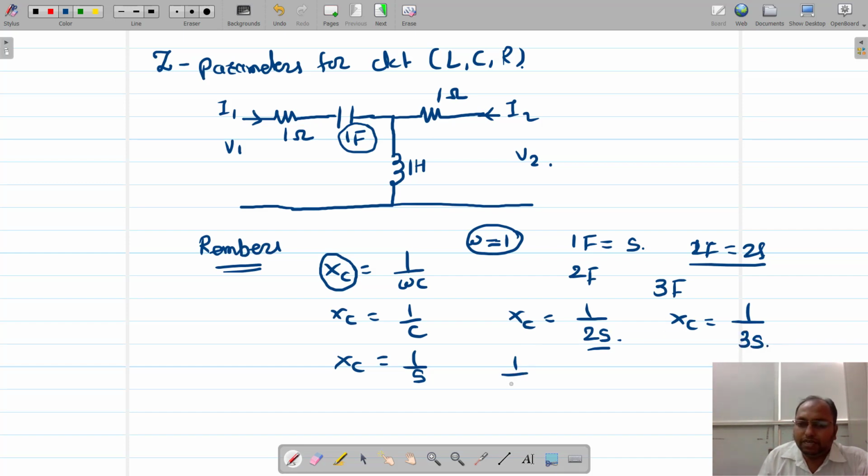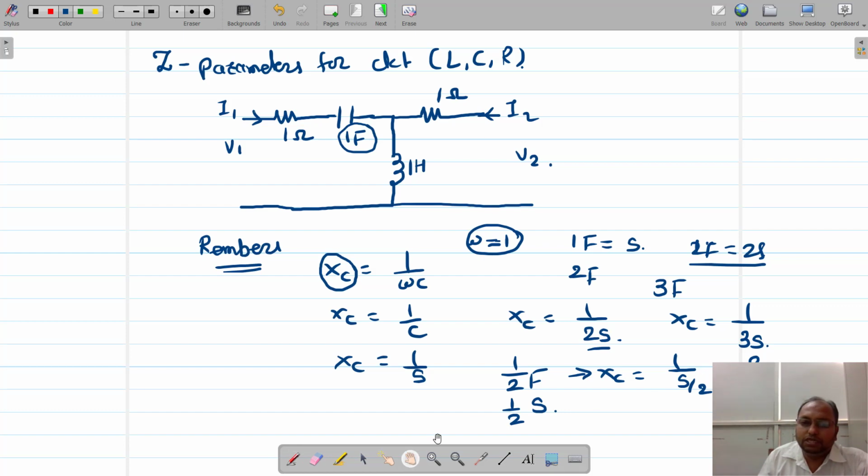If it is half farad, then XC will be 1 upon S by 2. That means it is nothing but 2 by S, that means 1 by (1/2 into S). Am I right? So if I put it over here in case of this C, then definitely 2 will come to the numerator side.